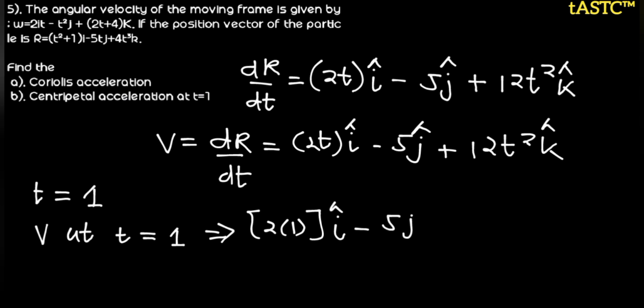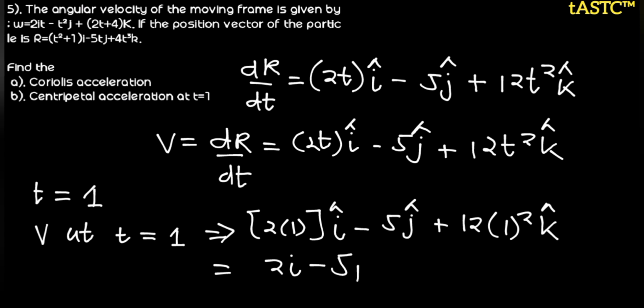There is no substitution, so that is a j. And here we have a 12t squared, so that should be 1 squared, and that will be a k. So we have 2i minus 5j plus 12k. So that is what we have for the vector quantity.